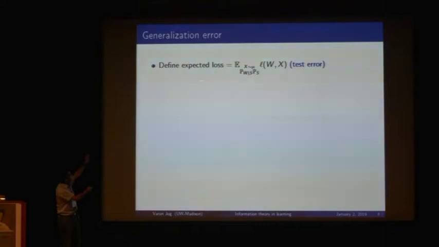Okay, so what I have written here is the expected loss. So the expected loss is kind of the test error. So if I give you an algorithm which is generating a W looking at your data set S, then the loss that this particular algorithm is going to give me is the expected loss over X and W. So I'm taking the expectation over everything, the expectation over the random data set S and the expectation over the randomness in the algorithm itself, so S and W. So this is a joint expectation over everything that is going on in my model, the data generation and the output of the algorithm.